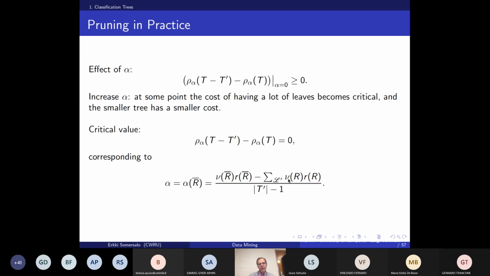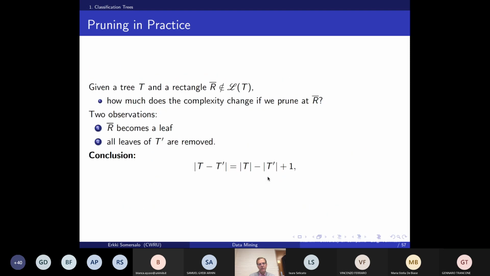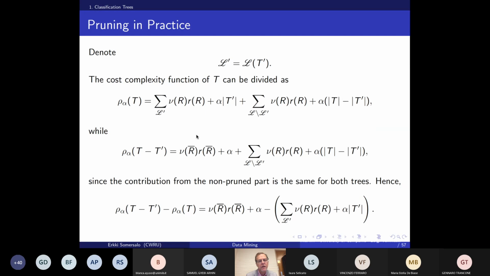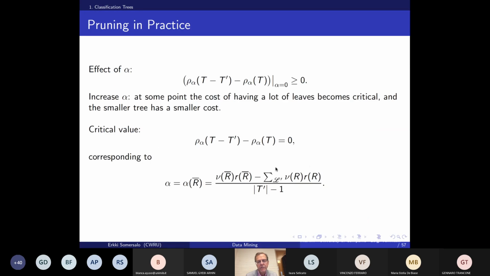And so in particular, if I'm cutting off a tree which has pure leaves, so if we go back to this picture, suppose R8, R9, R10, and R11 are all pure leaves. So they have no misclassification error at all. So in that case, the sum of misclassification cost is 0.